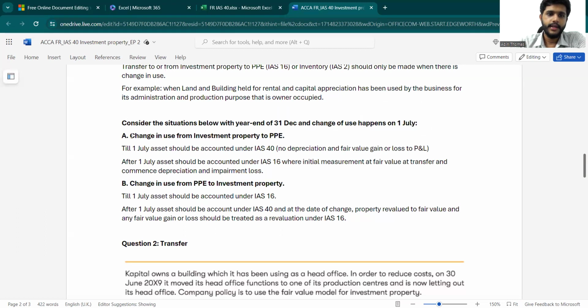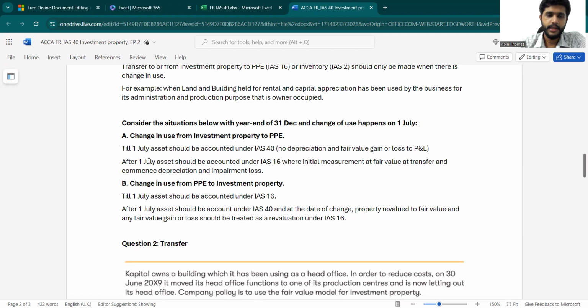See, a change in use from investment property to PPE, and this is the accounting treatment. The change in use happened on 1st July, the middle of the year. So until 1st July, the asset should be accounted under IAS 40, that is, there is no depreciation, and fair value gain or loss goes to P&L.